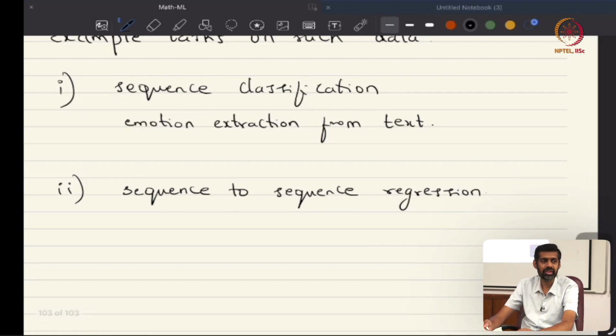What is an example for this? The classical example is translation, also called machine translation, where the input is a sequence and the labels or outputs are also sequences. Do you see the point? Right.